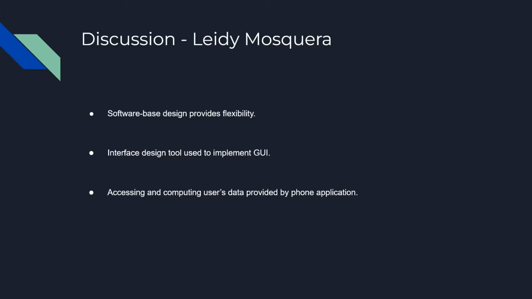We also decided that we needed to focus on the specifics of our program, like how we will access and compute the data provided by each user's phone with one application.